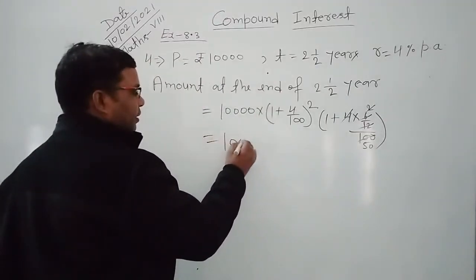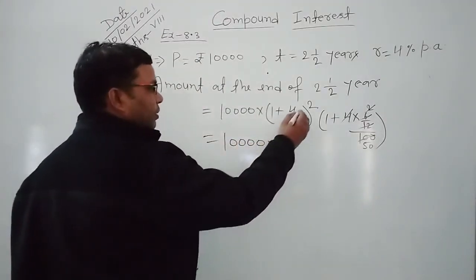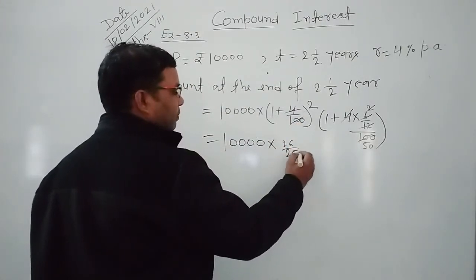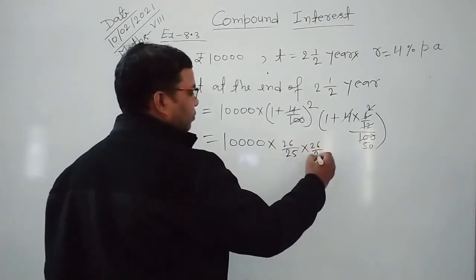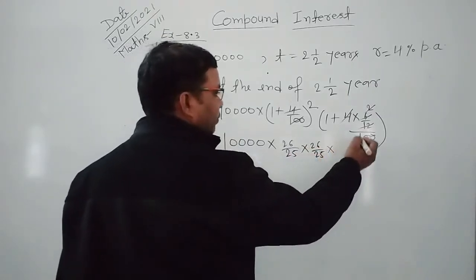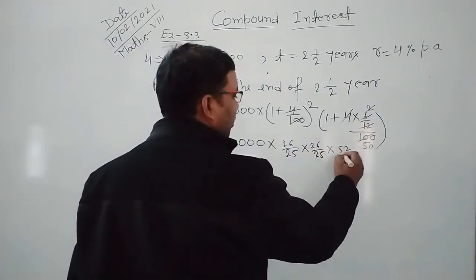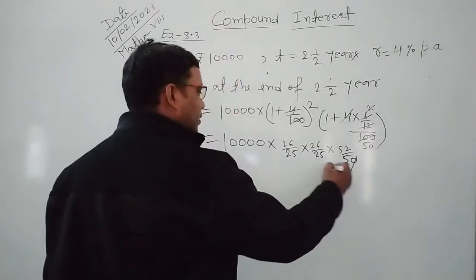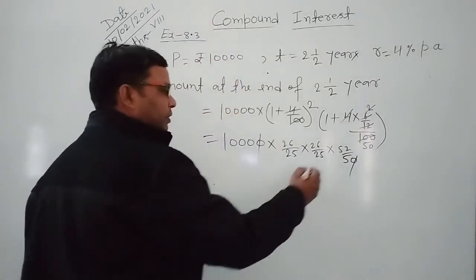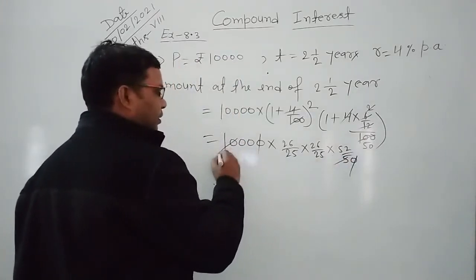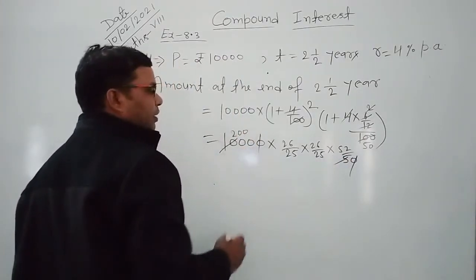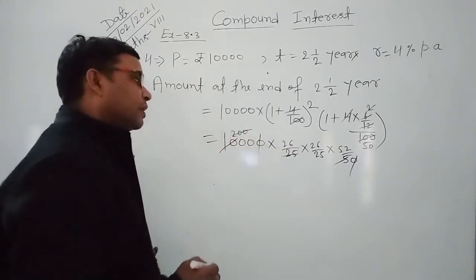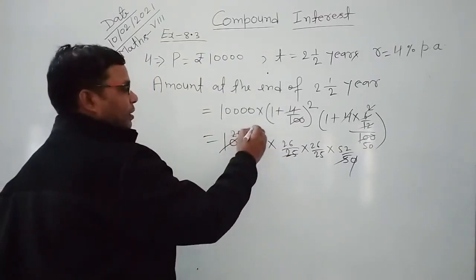You get 10,000 into 26/25 into 26/25 into 52/50. You can cancel the zeros, and after this you can cancel by 2, and here you get 200.